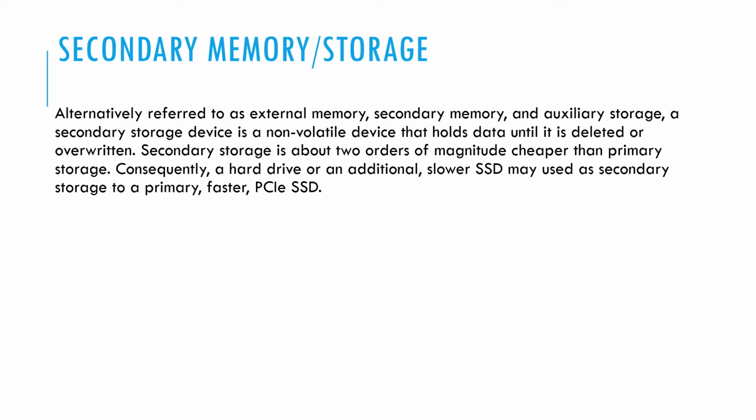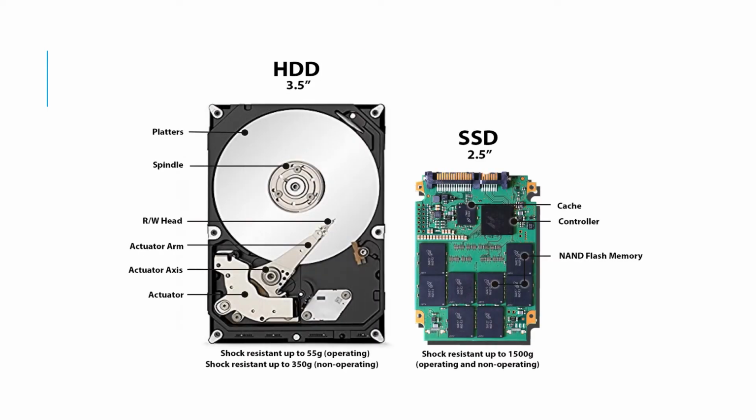Consequently, a hard drive or an additional slower SSD may be used as secondary storage to a primary, faster PCIe SSD. Here we have a hard drive and an SSD showing their differences.